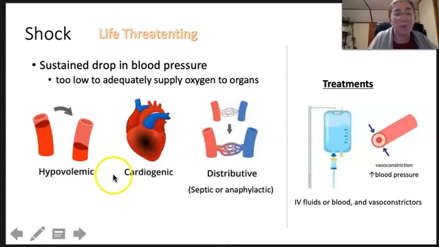If you lose a lot of blood, you can go into hypovolemic shock. And so the treatment for that is to replace the blood with transfusion and IV fluids in order to have enough blood to circulate. Another cause of hypovolemic shock can be severe diarrhea.